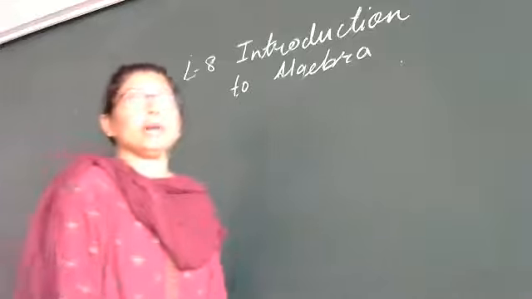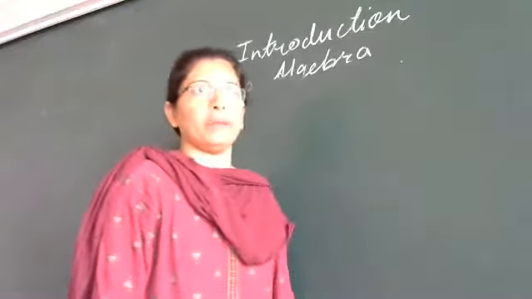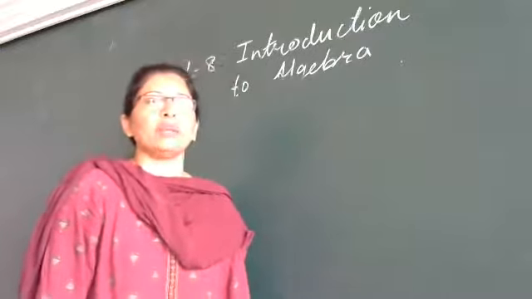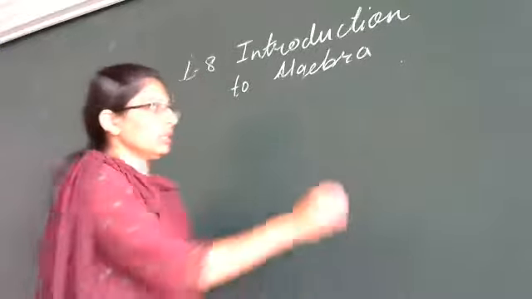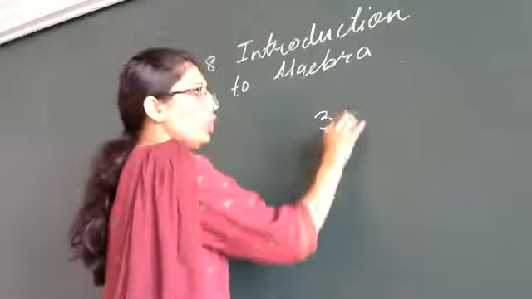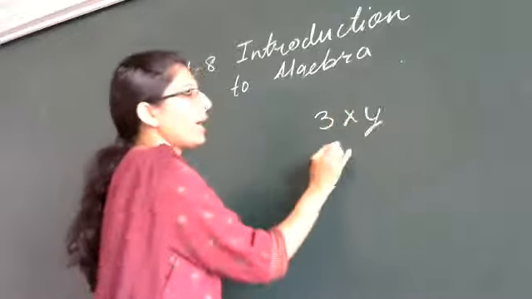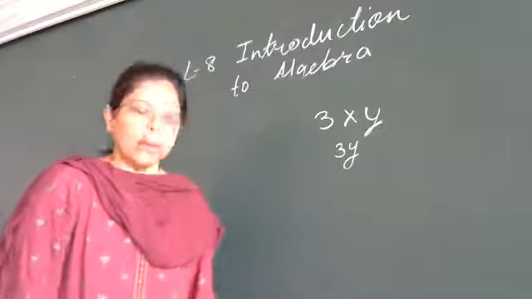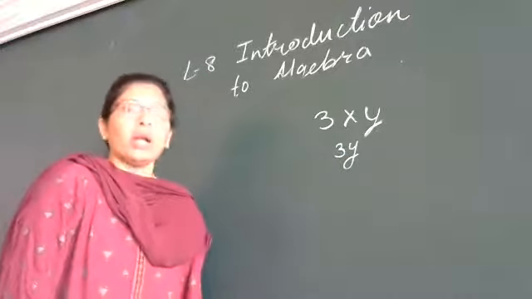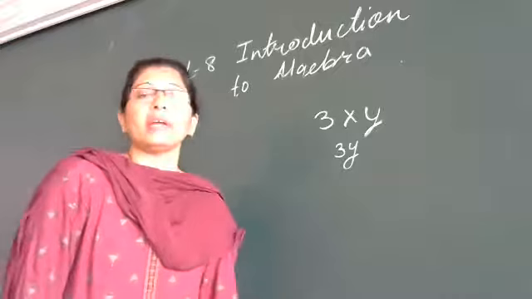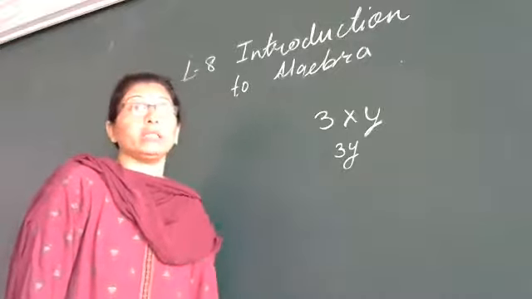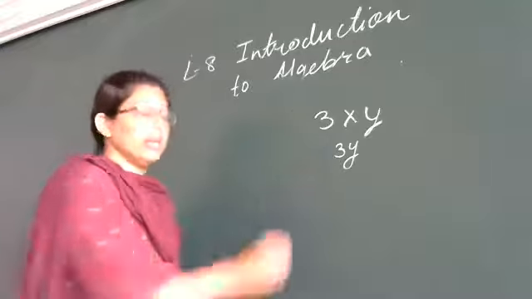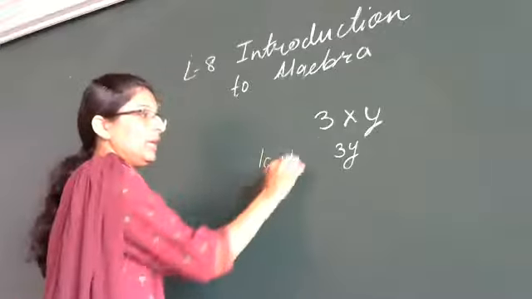3 is multiplied with y. 3 into y, or we can write it as 3y also. 10 is increased by b. 10 plus b.